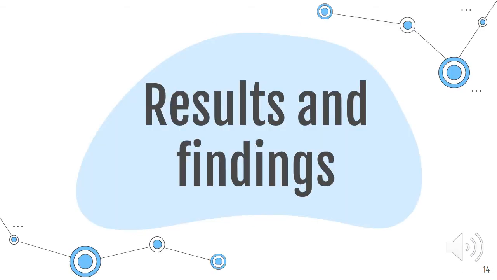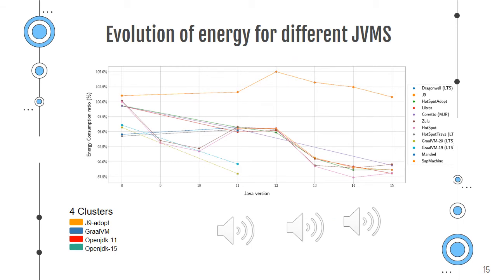Now let's discuss our results and findings. As we expected, different JVMs exhibited different behavior. However, to our surprise, there were some tendencies. Besides OpenJ9 and GraalVM, which had their own unique behavior, most of the Java virtual machines followed the behavior of OpenJDK, especially after Java 11.